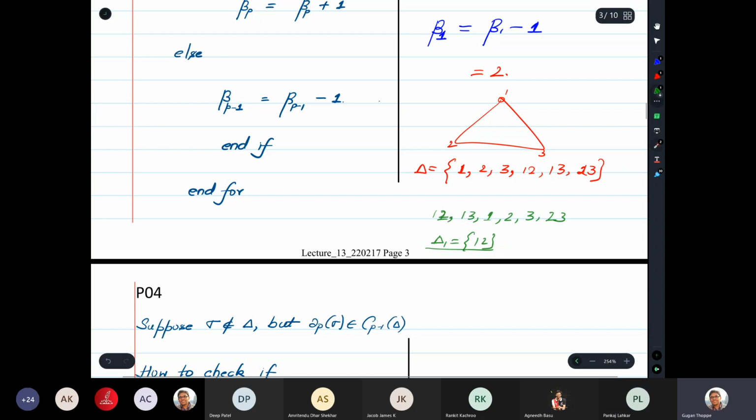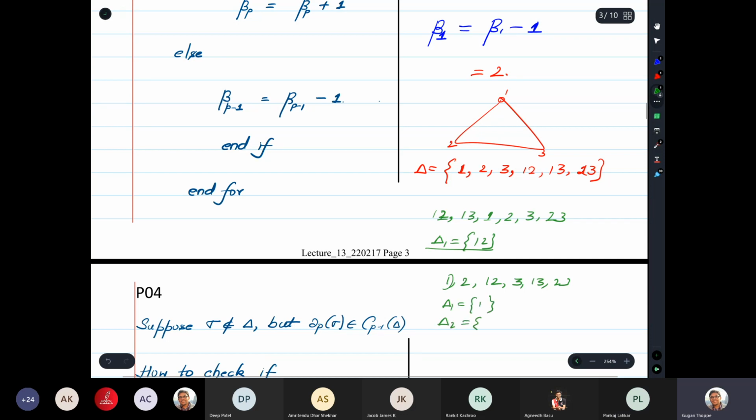On the other hand, if you said 1, 2, 1, 2, 3, 1, 3, 2, 3, do you think this is a good ordering, Pankaj? I think yes. Because delta 1 will only be made up of 1.